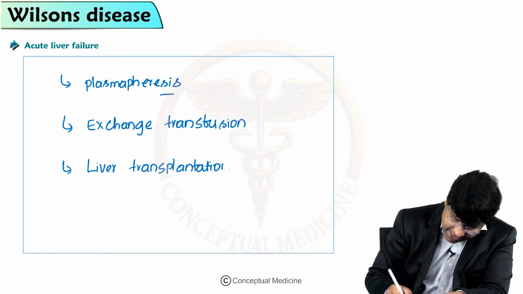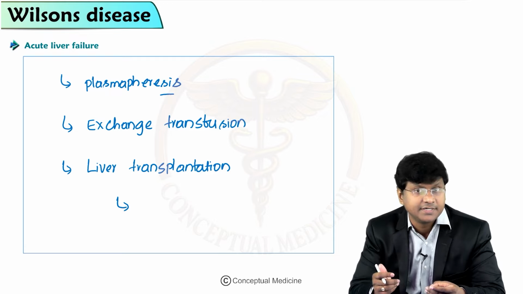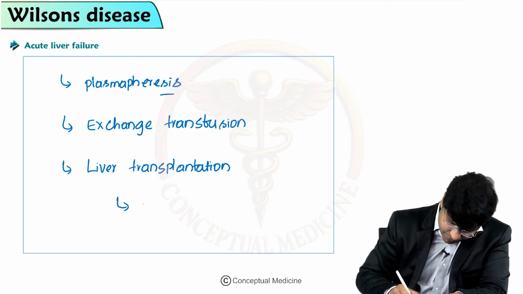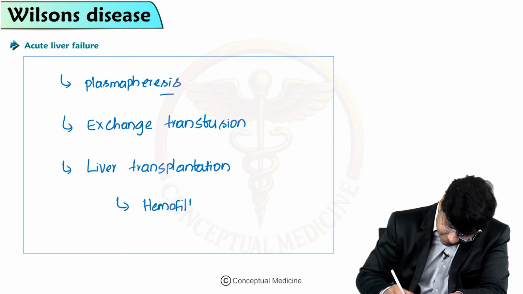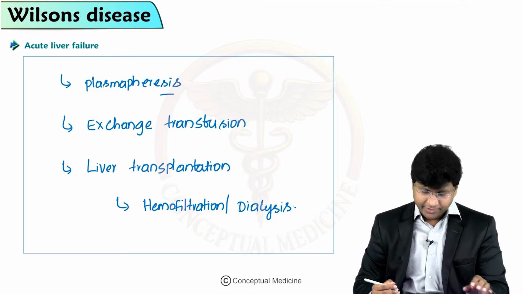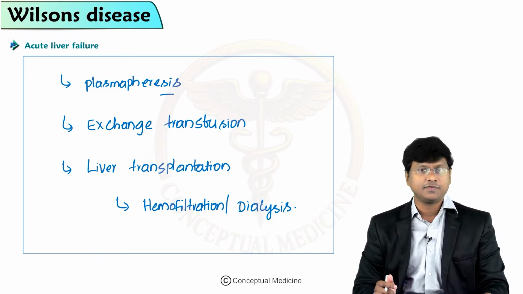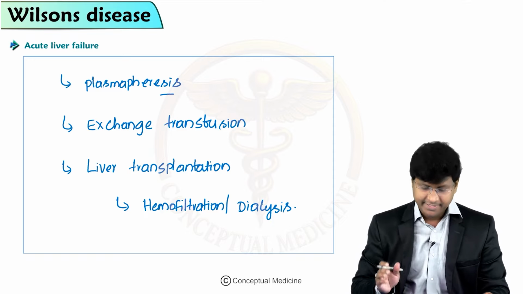Okay, so until the individual undergoes this particular liver transplantation, you need to do hemofiltration, or the dialysis has to be done. So this is about the treatment of the acute liver cell failure, right?